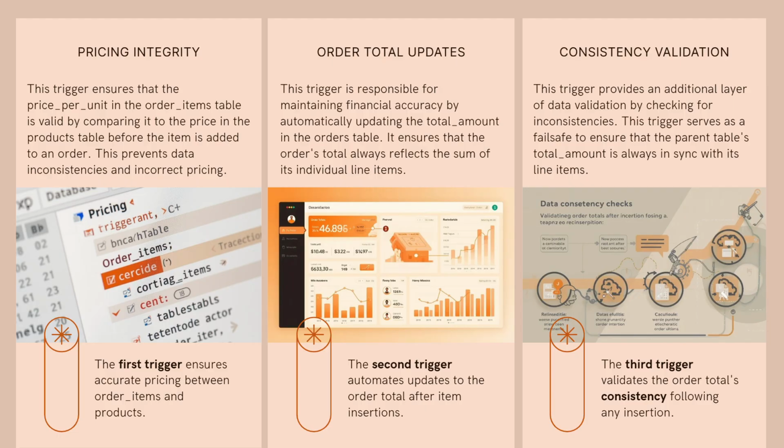The same product cannot have two different pricing. So that's why this trigger will ensure that before any data is inserted in the order items table, the price of the item that is bought is equal to the price of the actual product.